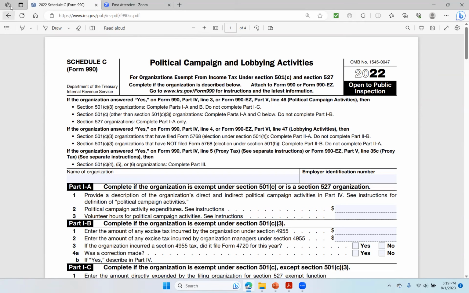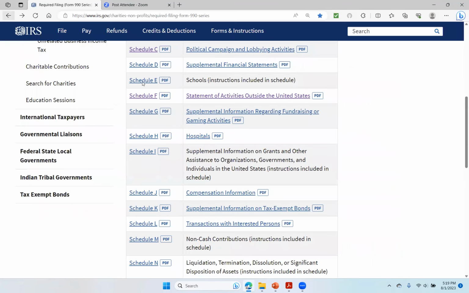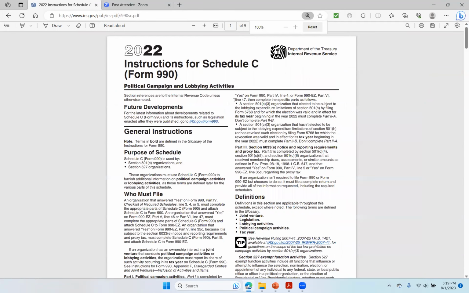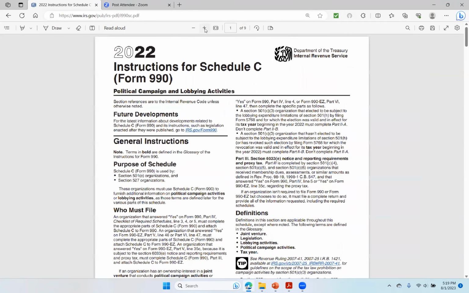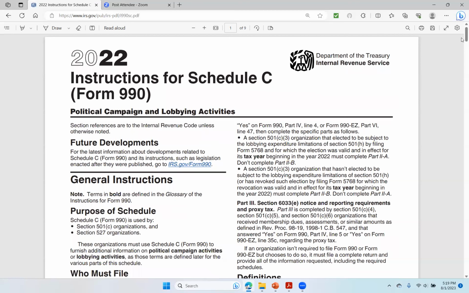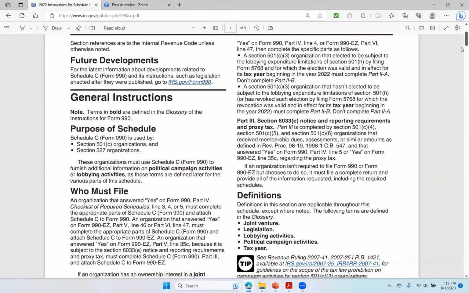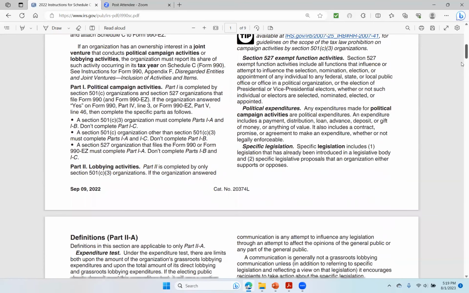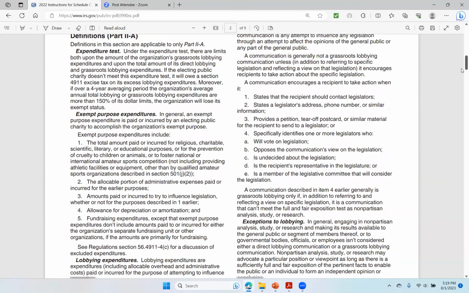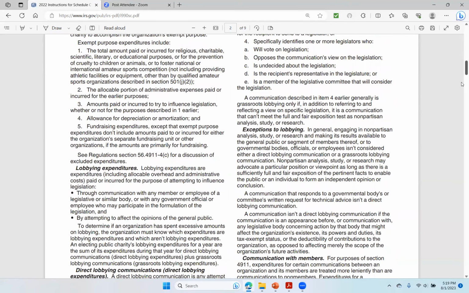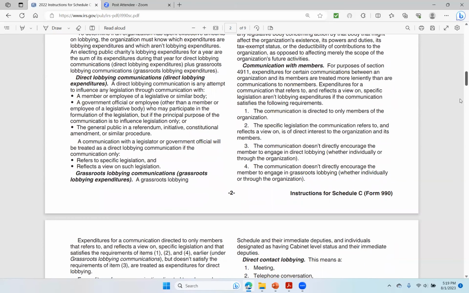Now, if you don't know how to complete a schedule, or any other document for that matter, the IRS is very good about providing instructions. So here are the instructions for completing the Schedule C. Whenever you're completing a document for the IRS, I highly recommend downloading the instructions to go along with that particular document, because every single line in that document has an explanation of how to complete it.